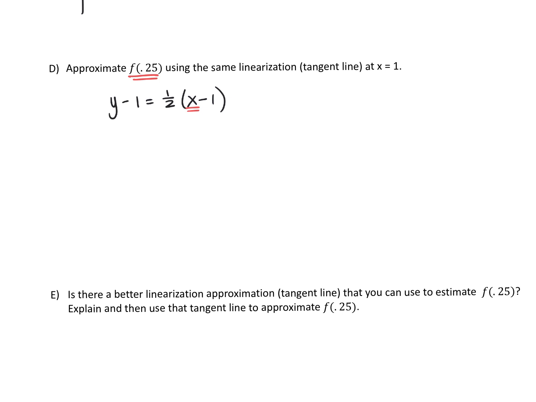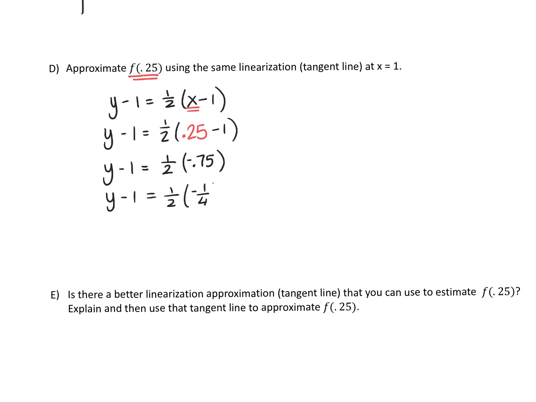So everywhere I see an x, I'm going to put a 0.25, and then minus 1 and a 1/2. So y minus 1 equals 1/2 times (0.25 minus 1), and 0.25 minus 1 is negative 0.75. And we know 0.75 is 3/4. So negative 3/4. And when we multiply tops with tops, bottoms with bottoms, negative 3/8.